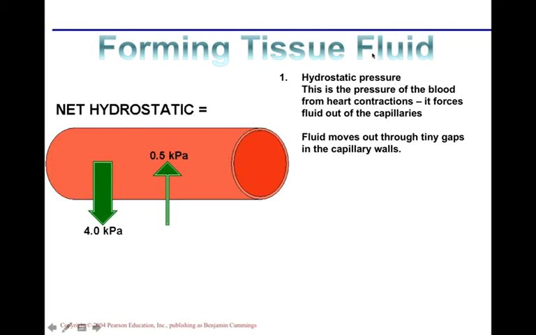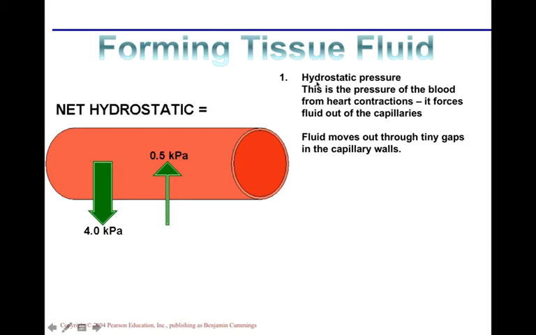Hydrostatic pressure. So this is the pressure of the blood, or in this case any liquid. So it's effectively the pressure of any liquid that could be exerted. If we look at this blood vessel, there's a hydrostatic pressure because the fluid moving through it is going to exert a force.